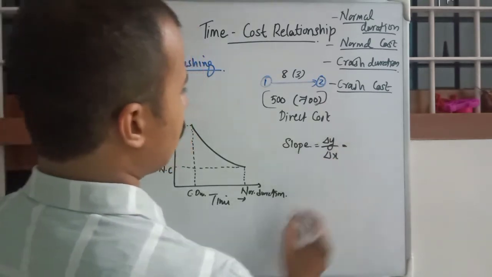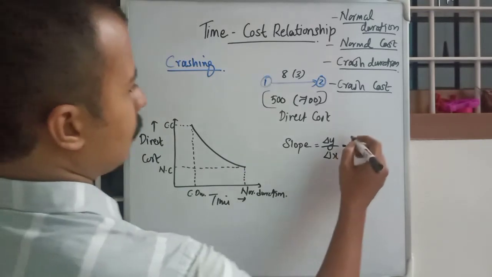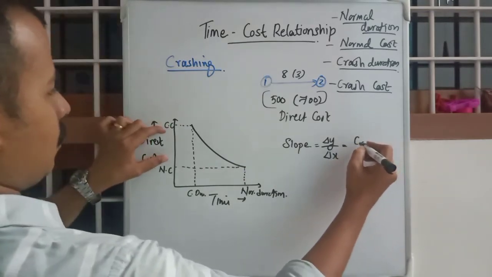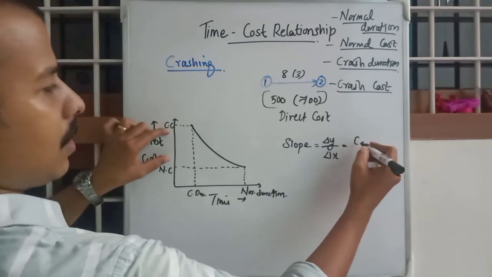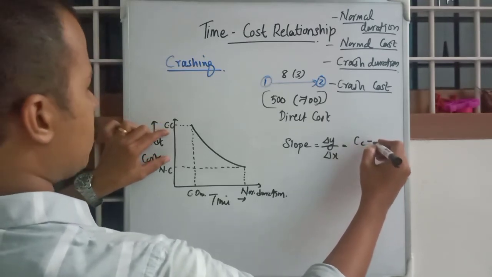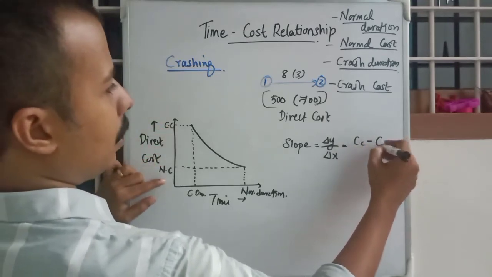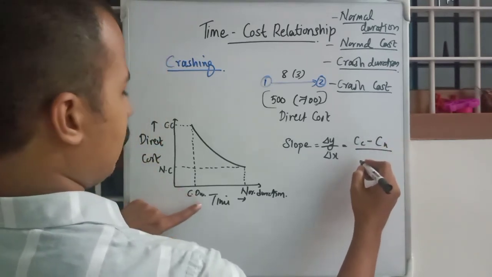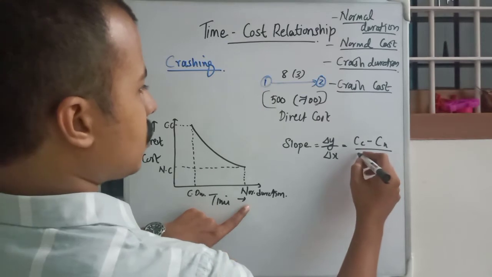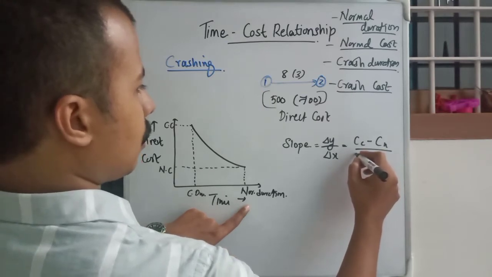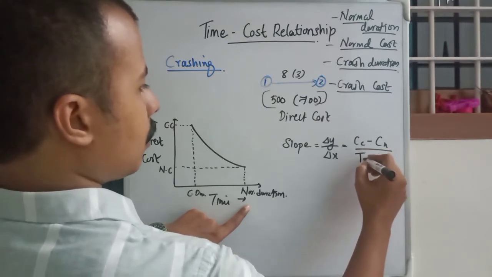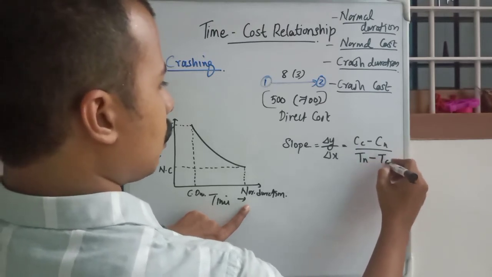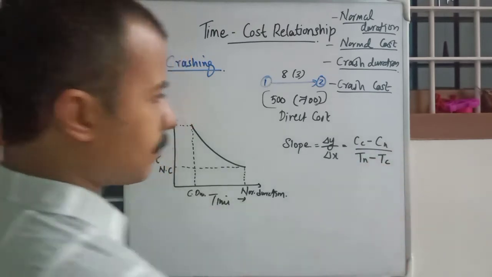That will be delta y, that is the bigger ordinate, crash cost minus normal cost, divided by delta x, the bigger duration, that is normal duration minus crash duration.